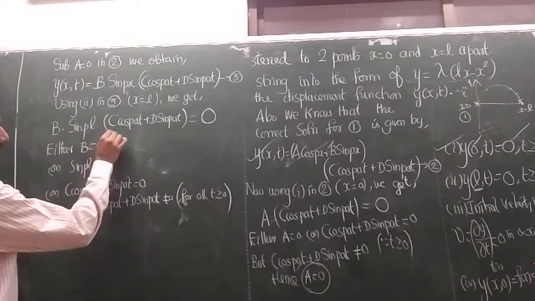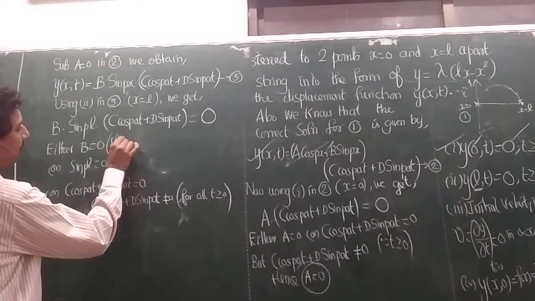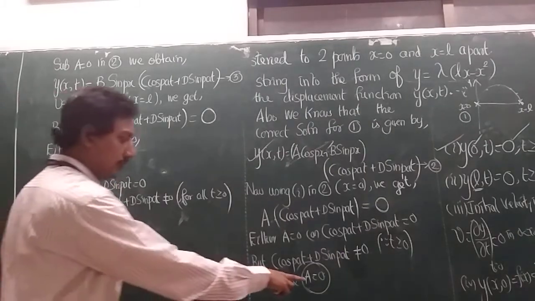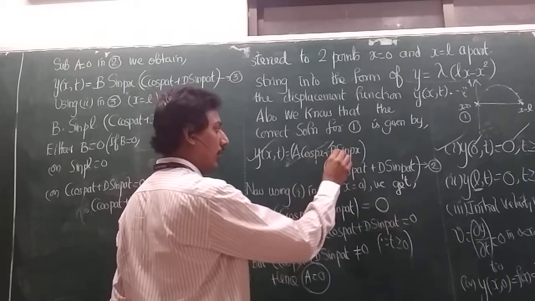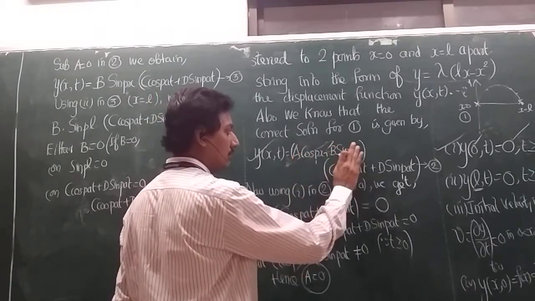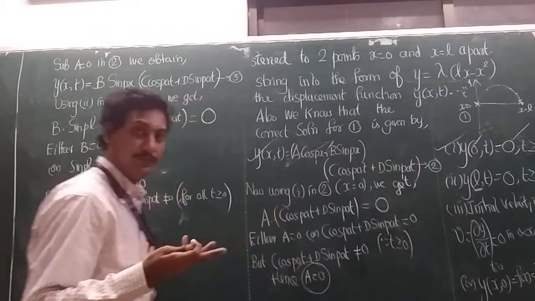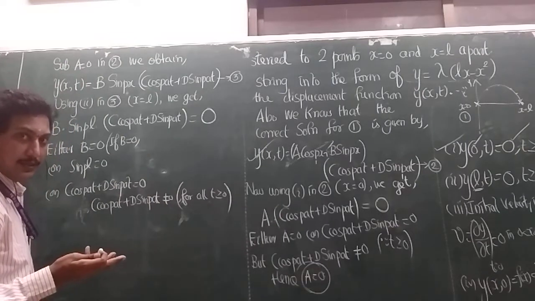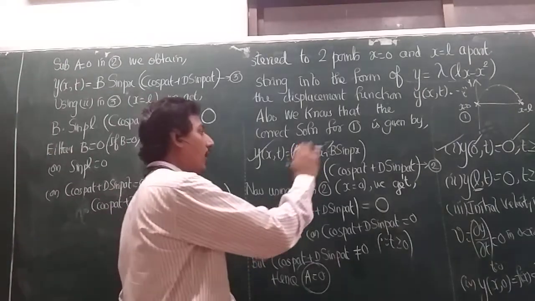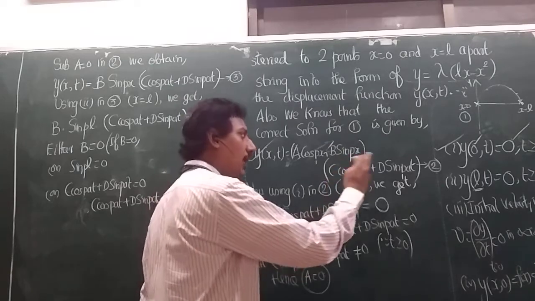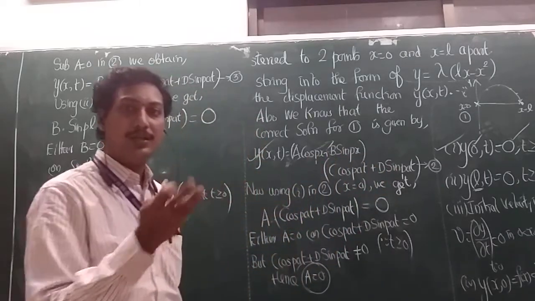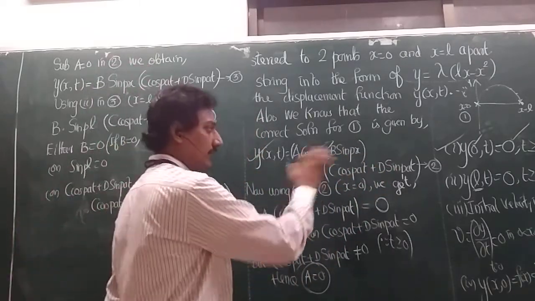What about b equal to 0? The same case. If b equal to 0, we already found that a equal to 0. Now a is 0 and b is 0, what happened? The a term becomes 0, and anything becomes 0. Got it? So either a is 0 or b is 0. Similarly here, either c is 0 or d is 0. If both the constants become 0 in the same term, then the entire term becomes 0.